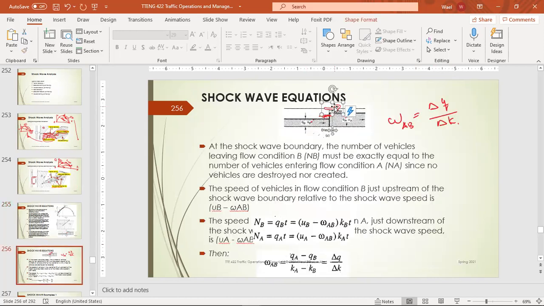The speed of the wave, omega AB, is simply the difference of flow divided by the difference in density between the two states. Simple. So omega AB equals QA minus QB divided by KA minus KB. That's it.